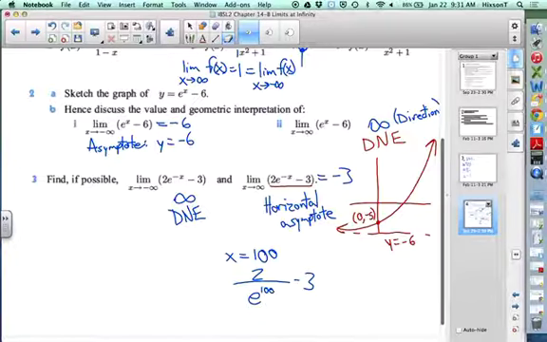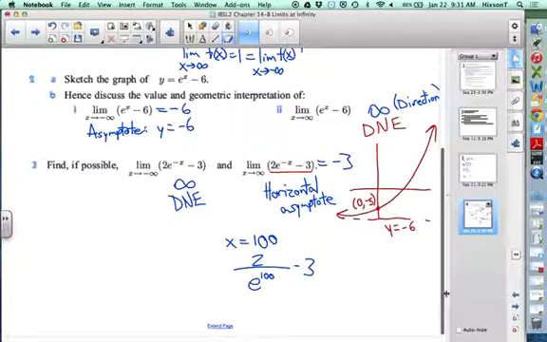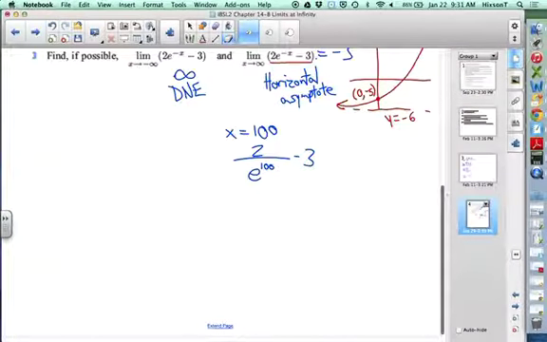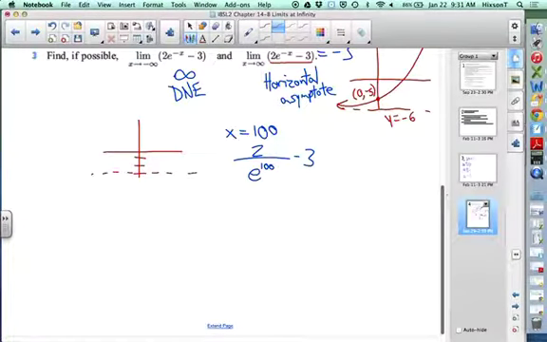So you just have to figure out that 2 over e to the x part, and as you look at it, we have that asymptote. The graph of this function down here has this asymptote at y equals negative 3, and it's going to end up looking like this.